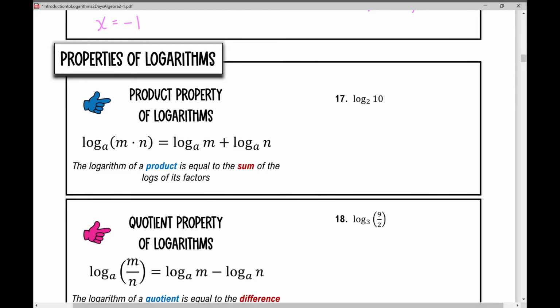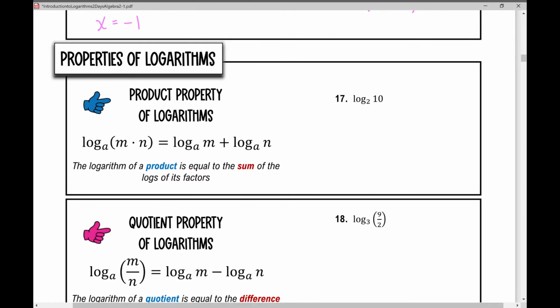What I like to say is whenever we're going to use these to expand, condense, and solve logarithms, it helps to rewrite the log in a different way. And you're going to use the properties of logarithms to do this.